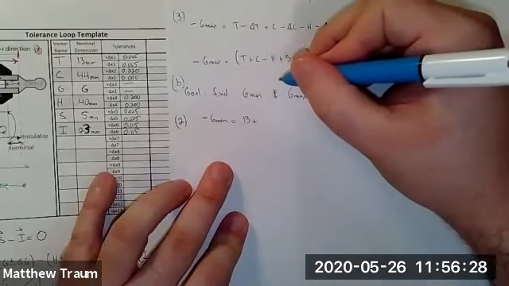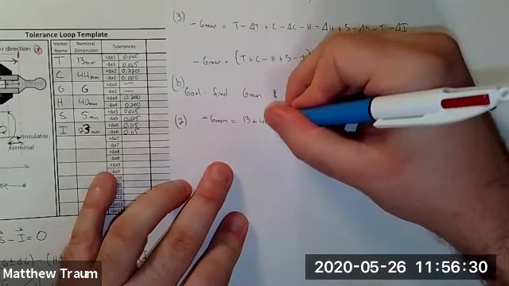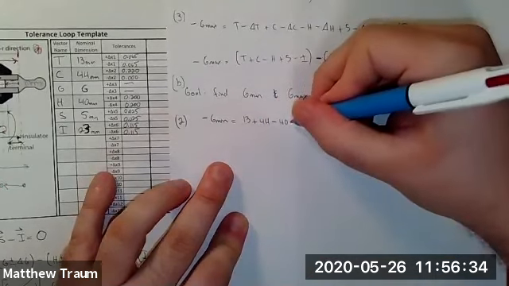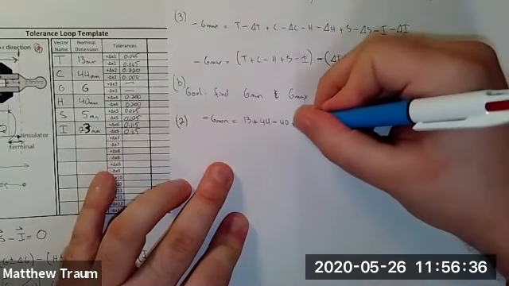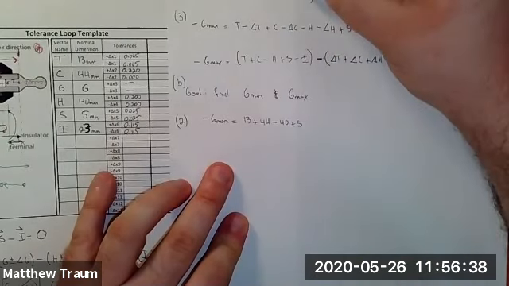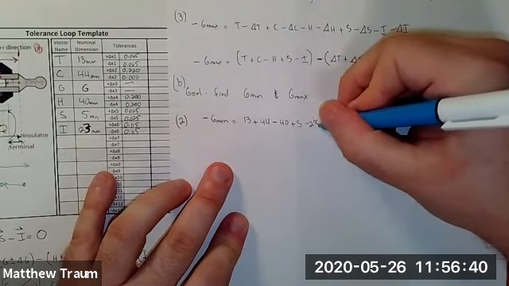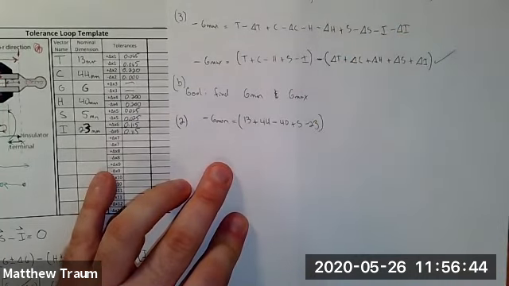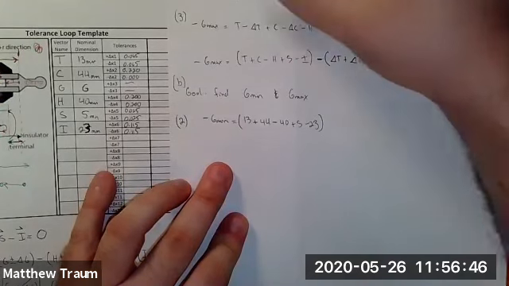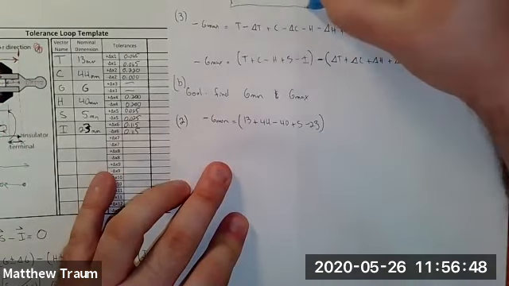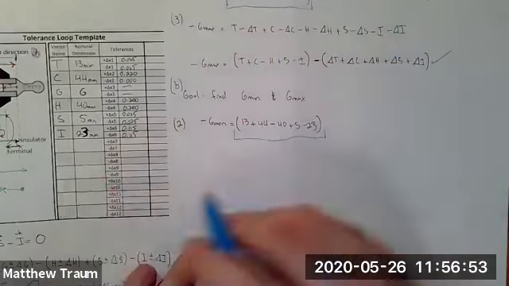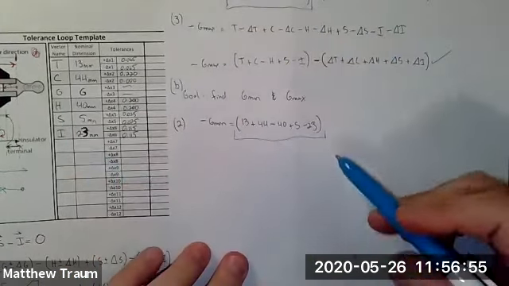C is 44 millimeters. H is 40 millimeters. S is 5 millimeters. And I is 23 millimeters. So I'm just taking this and plugging in the numbers from here into there.